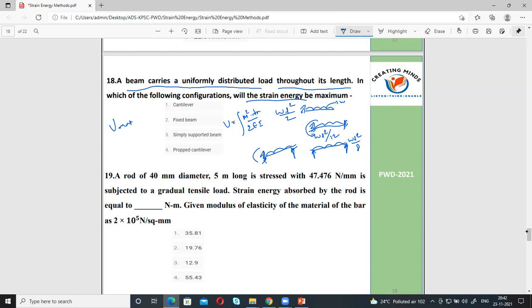Sorry, cantilever. Cantilever, why? Moment is maximum, that's why strain energy will be maximum. We are doing integration. You have to observe that when you are doing integration, you get a higher order.